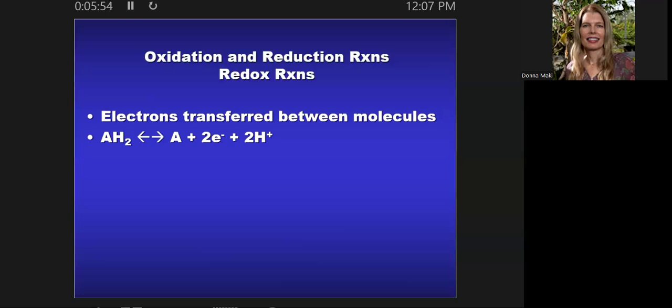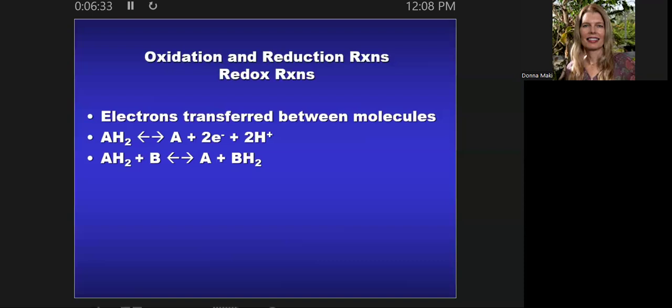So what they're showing here, when you have molecules interacting, so here in this bullet, you have A and B, AH2 and B are going to interact. And you see that there's a transfer here. A donates off its H2 to B. So when you look at that reaction, it's not like you see an electron getting transferred per se, but you have to remember that each hydrogen has a proton and an electron.